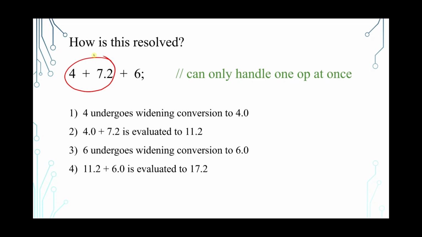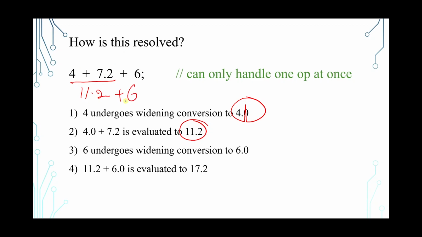Firstly, this. 4 undergoes widening conversion because remember, double rules. 4 undergoes widening conversion and becomes 4.0. Then 4.0 plus 7.2 is evaluated to 11.2.